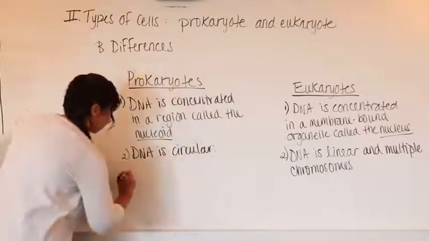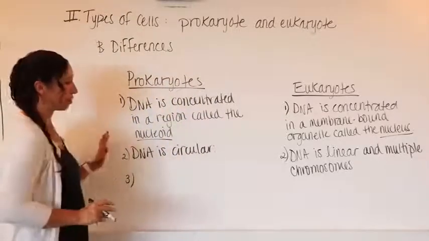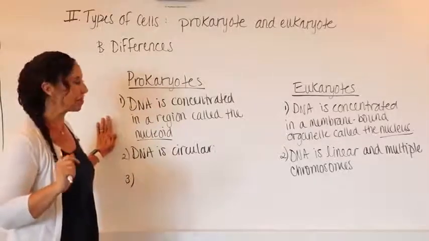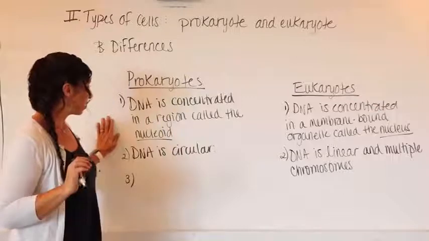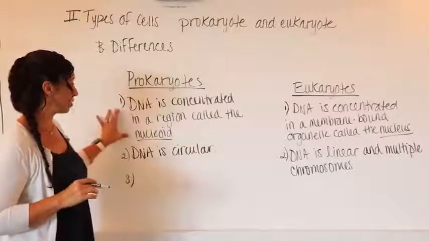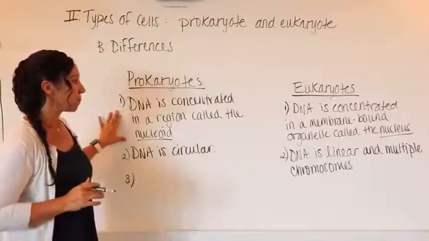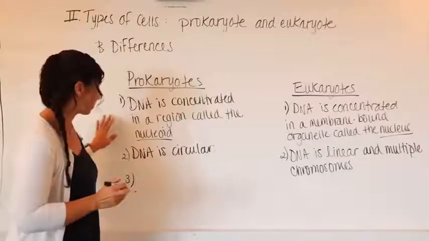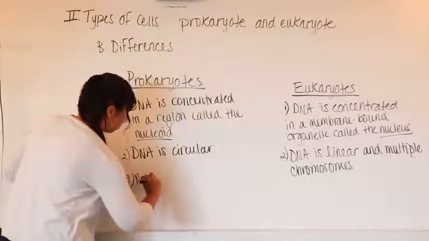And lastly, when it comes to the differences between prokaryotes and eukaryotes, this is a big one, and this is what classifies it really, really quickly besides the nucleus and the nucleoid difference: in prokaryotes there are no membrane-bound organelles.